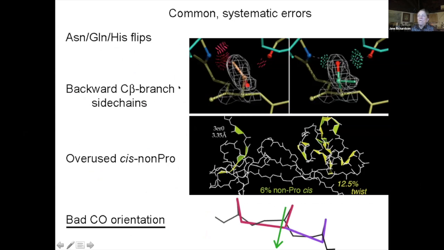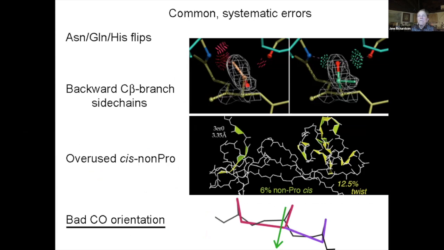And what we're particularly interested in is what we think of as systematic errors. They're features of a map that are misleading, or can be misinterpreted really easily, either by people or by programs.